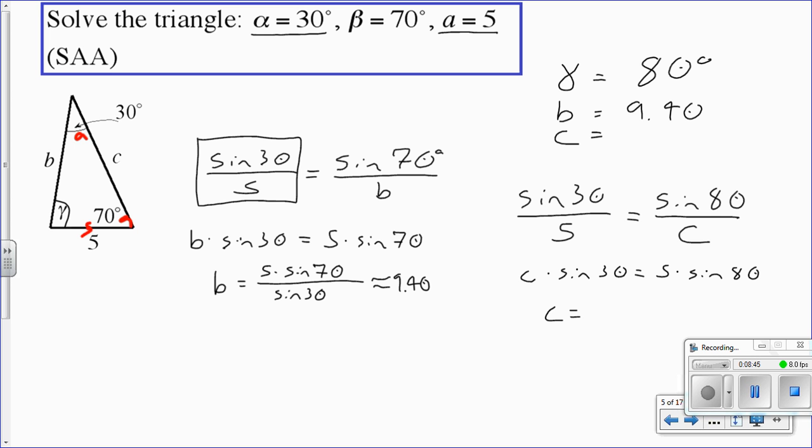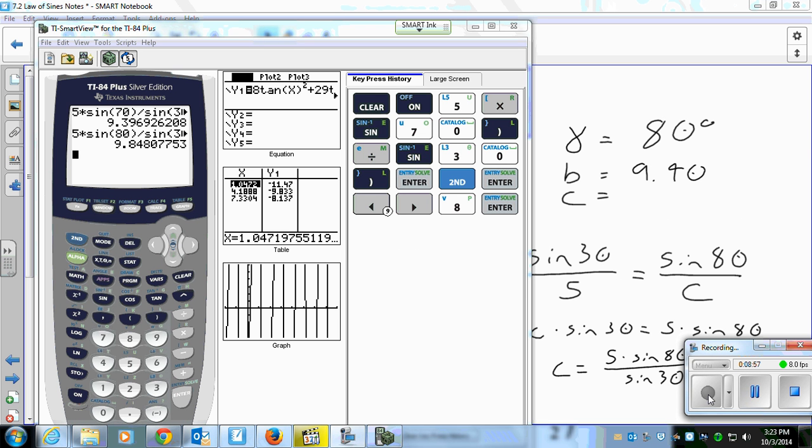And I get C is equal to 5 times the sine of 80 over the sine of 30. Again, use my calculator. I type in 5 times sine of 80 divided by sine of 30, and I get my next side, 9.85 approximately. So now I've solved for all unknowns of this triangle.